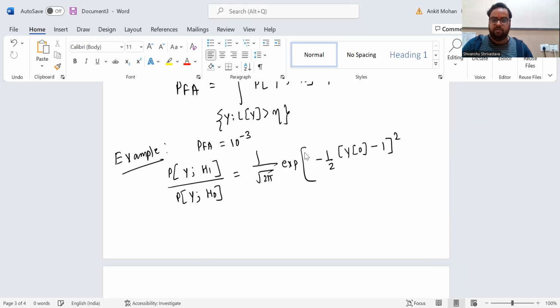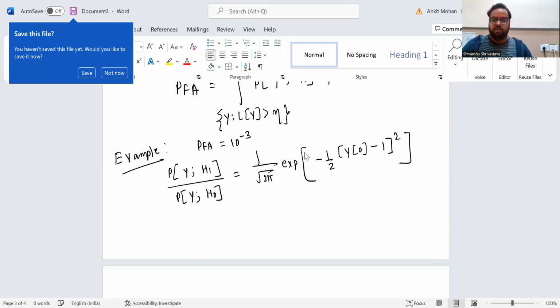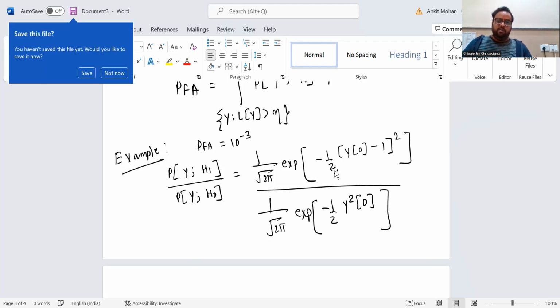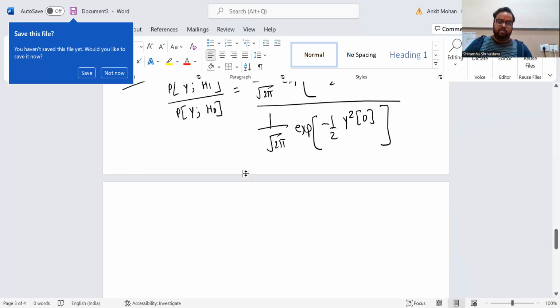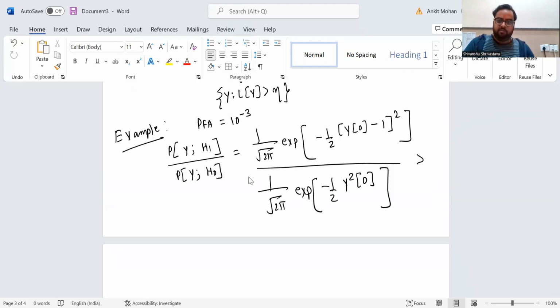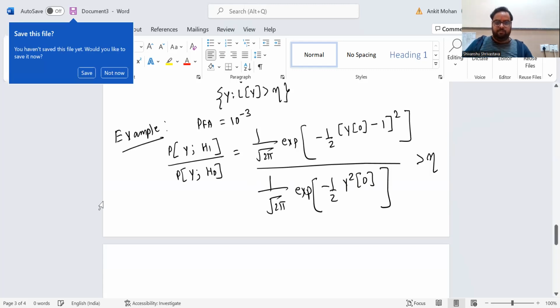We have this square here, and this divided by 1 over root 2 pi, we have exponential minus 1 by 2 y square 0. We have this kind of ratio here. Now this likelihood ratio has to be greater than eta. That is what we have said.